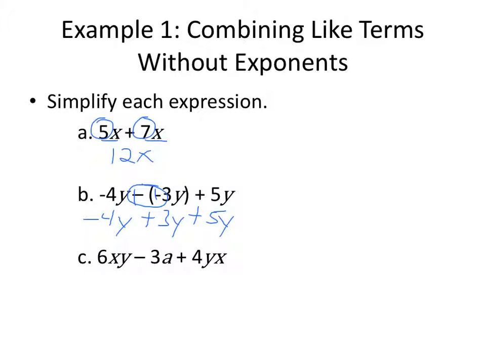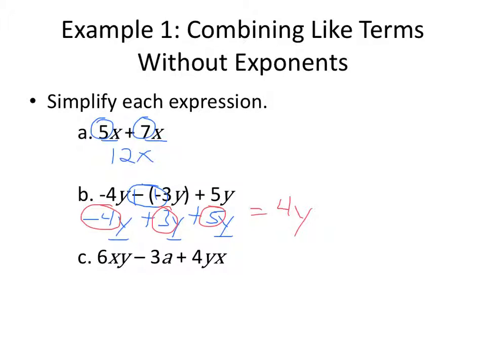Now you'll notice that all 3 terms are y terms. Same variable, same exponent. The coefficients are different. That's fine, but we would add our coefficients together. So you've got negative 4 plus 3 is negative 1, plus 5 would be a positive 4. So this is going to be 4y, and that's the simplified expression for letter B.